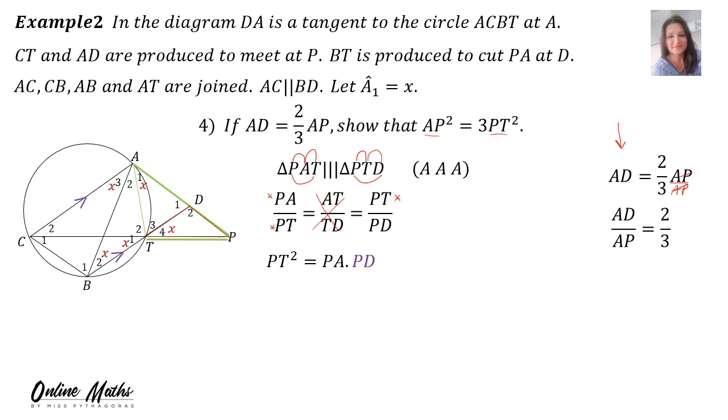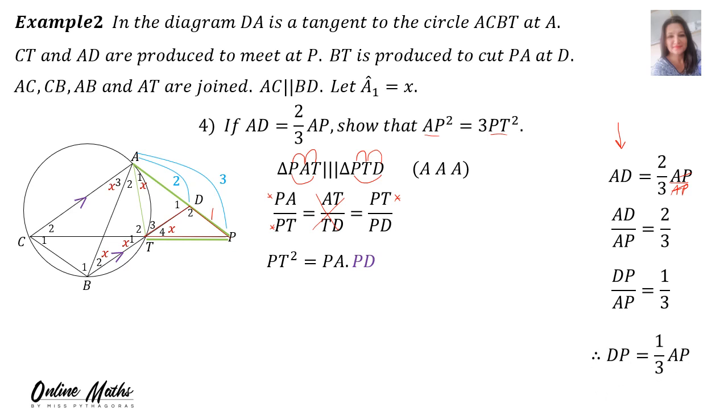Now, when you go to the sketch, it's this. AD over AP is 2 to 3. And then do you agree DP will be 1? So therefore, we can now say the ratio DP over AP is equal to 1 to 3.